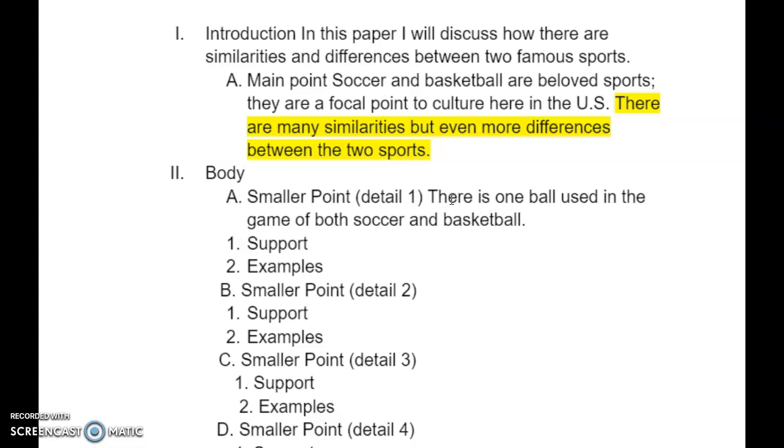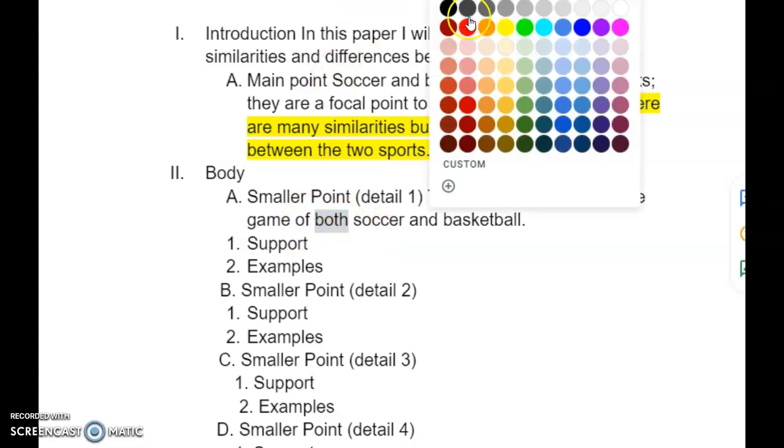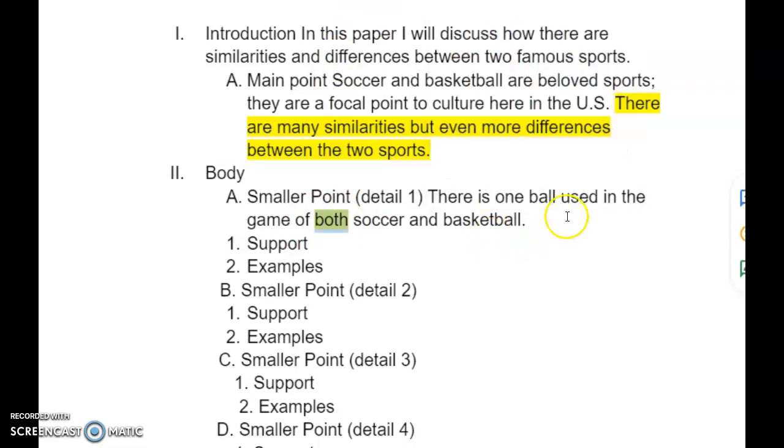So you can see I'm comparing because I'm using this compare word, both.